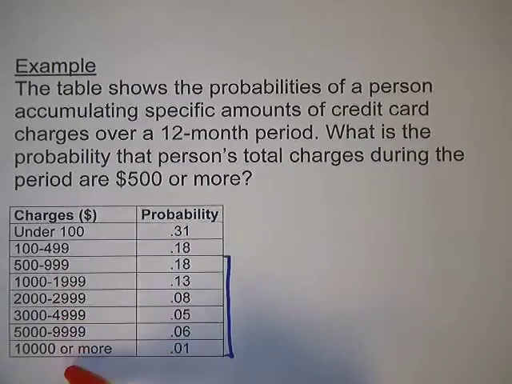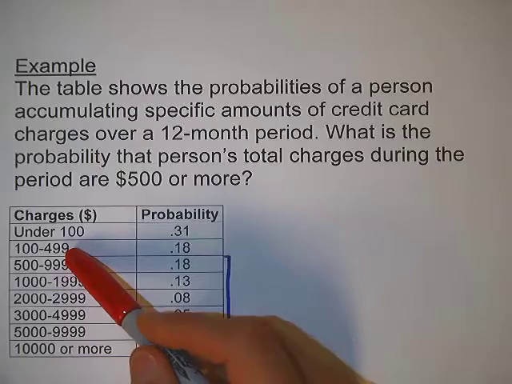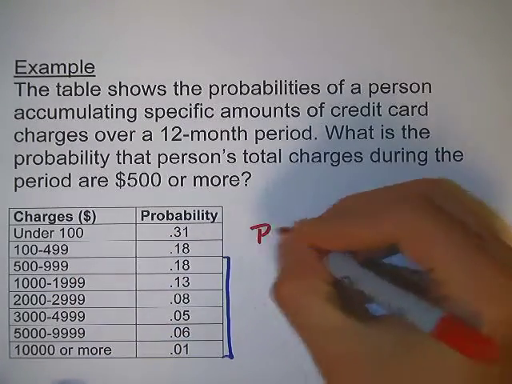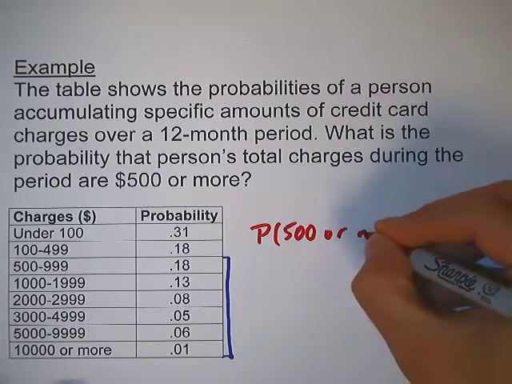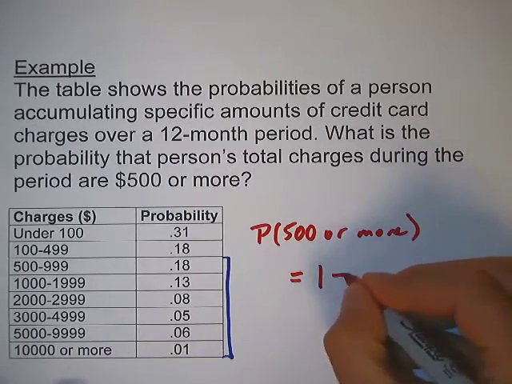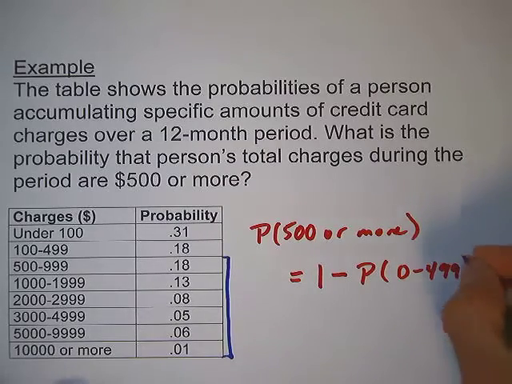If the event is 500 or more, the complement would be basically 0 to 499. So to find the probability of 500 or more, we can simply take 1 minus the probability of 0 to 499.